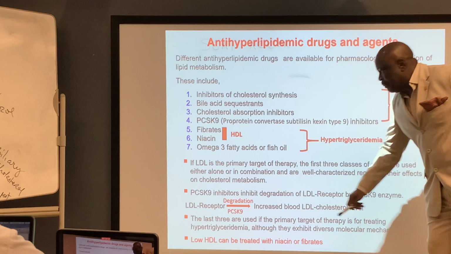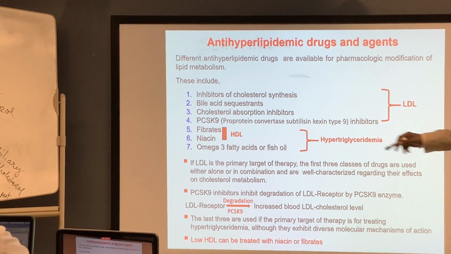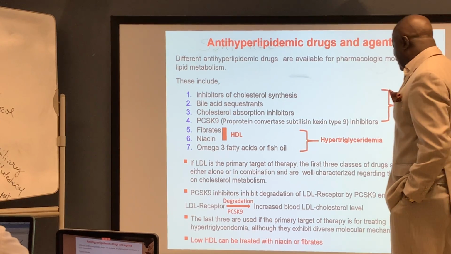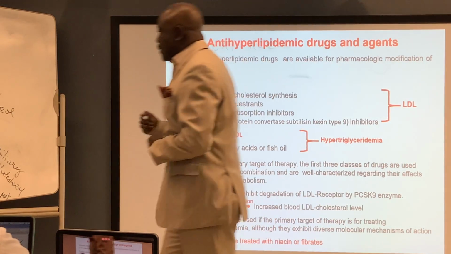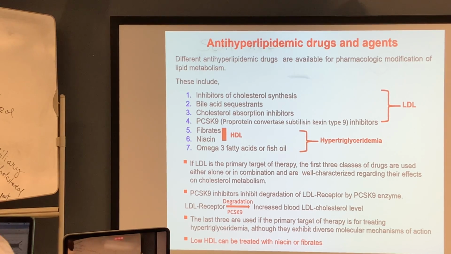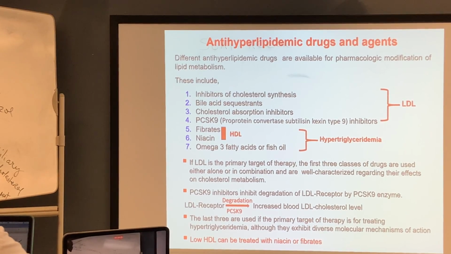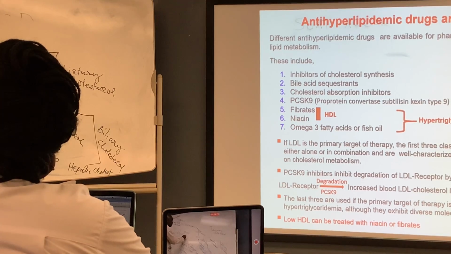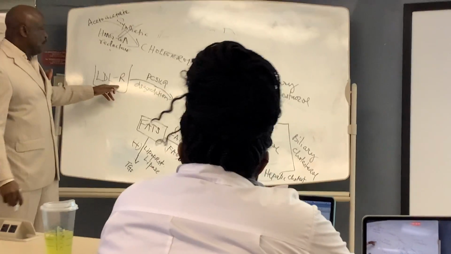Now let me talk about the PCSK9 inhibitors before I go into it later on. What they do is inhibit the degradation of the LDL receptor. See, the LDL receptor can be degraded by the enzyme PCSK9. So PCSK9 is a degradation exercise, but we know that we need more of this receptor.